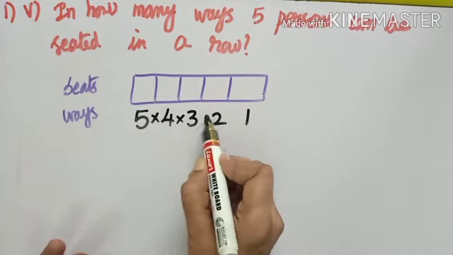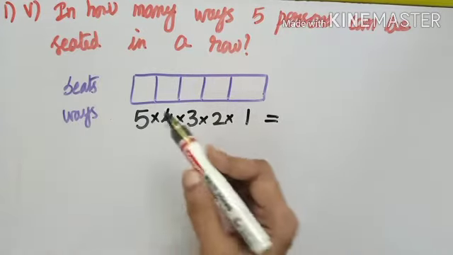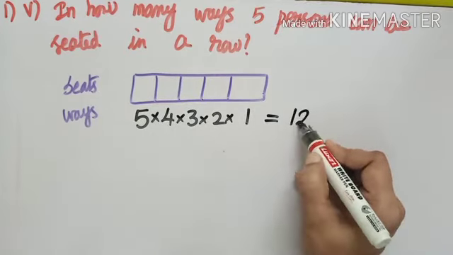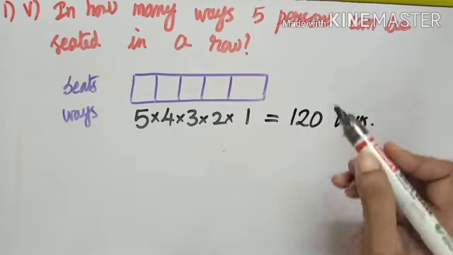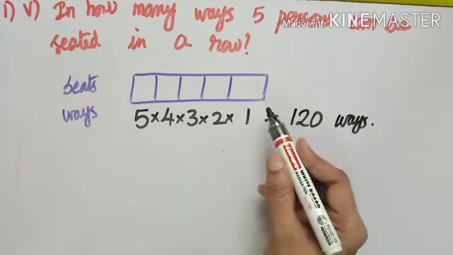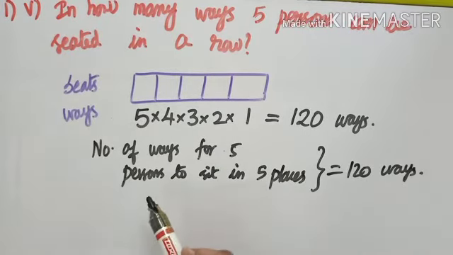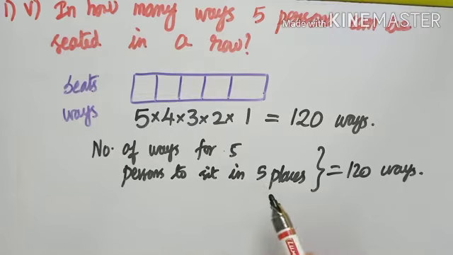So multiply. If you want to avoid writing, you can simply put seats like this, multiply and write the answer. So how many ways? 120 ways we can arrange 5 persons in a row with 5 seats. Take and write the answer: number of ways for 5 persons to sit in 5 places equals 120 ways.